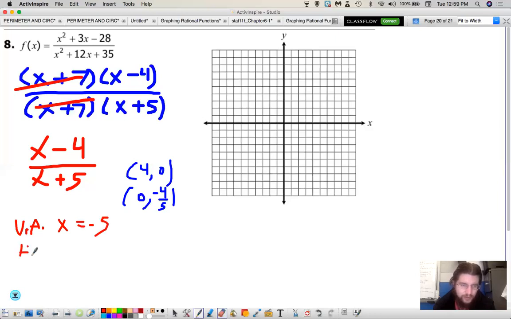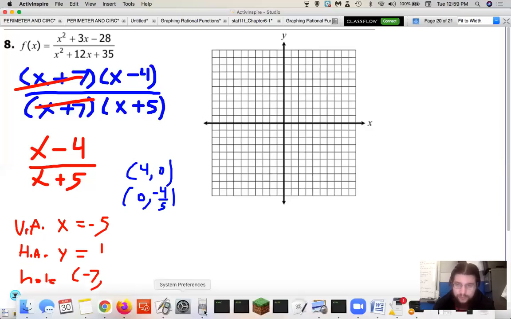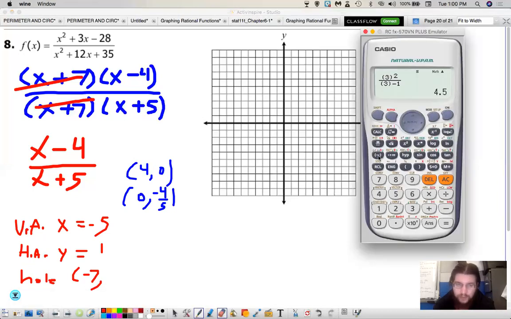Same degree, so the horizontal asymptote is y equals the leading coefficient's quotient, 1. Hole, that'll be at -7. Use a calculator. I should put it in parentheses. It won't make a difference in this case. I get 5.5.